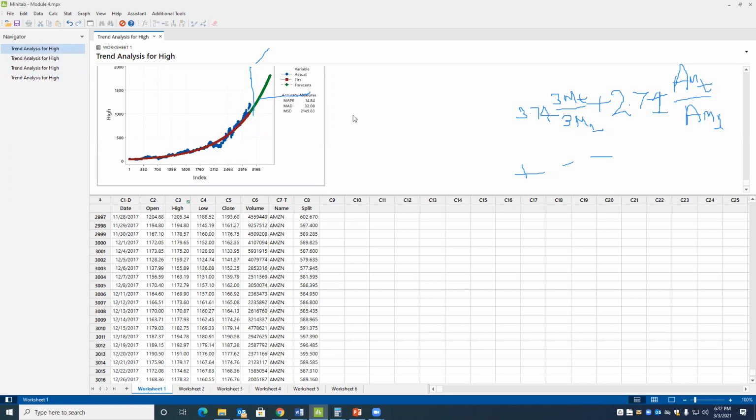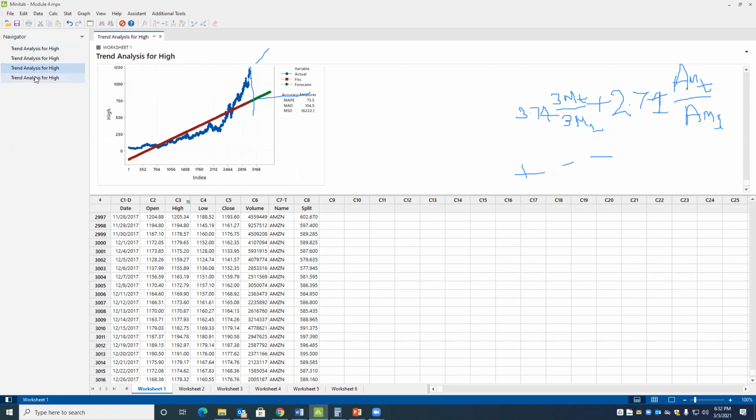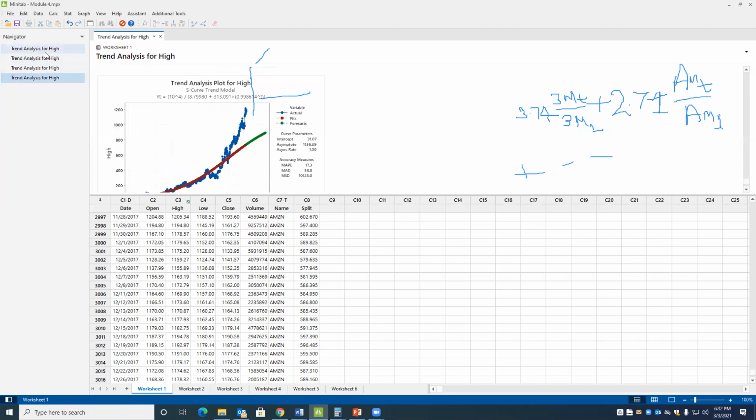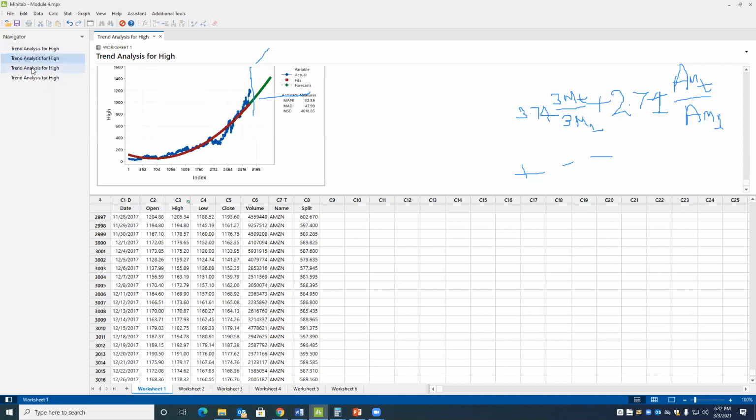By naked eye, you can see this one is almost exactly fitting. So you can clearly compare all four together and see which is the best fit.